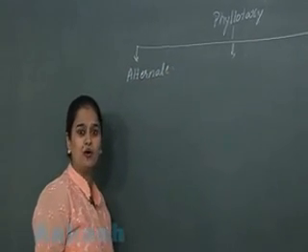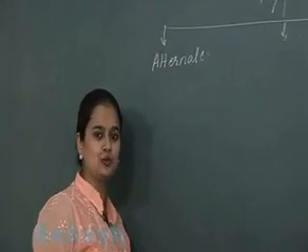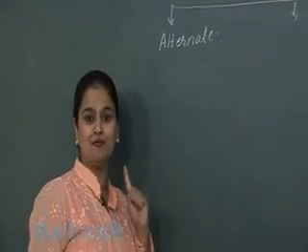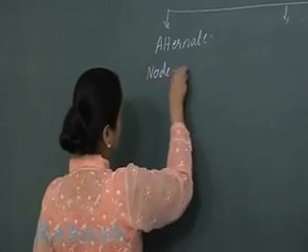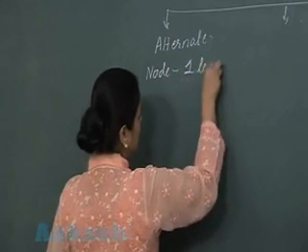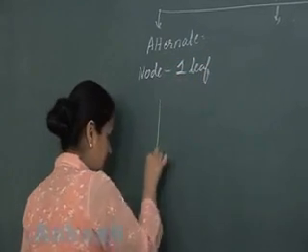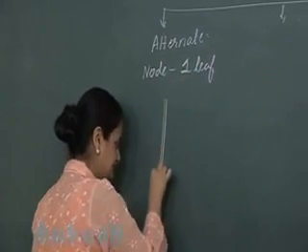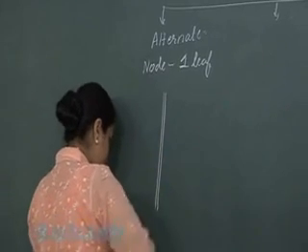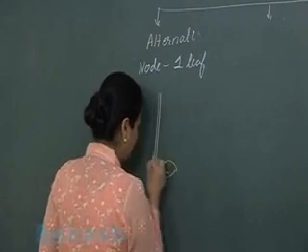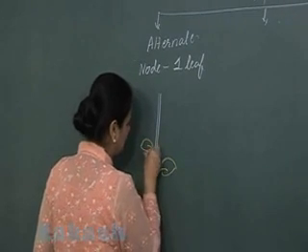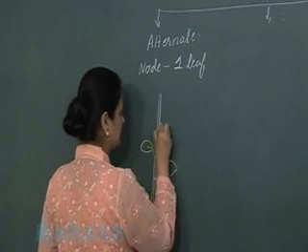In the case of the alternate, at each node there is presence of only one leaf. हर एक नोड पर सिर्फ एक लीफ प्रेजेंट होगी. So this is stem, and at each node there is only presence of one leaf.